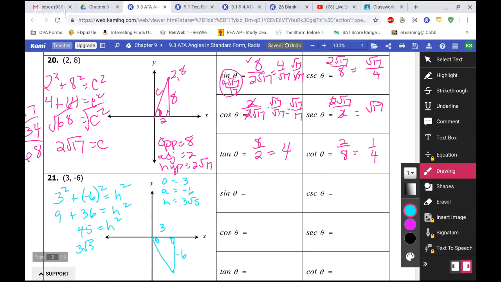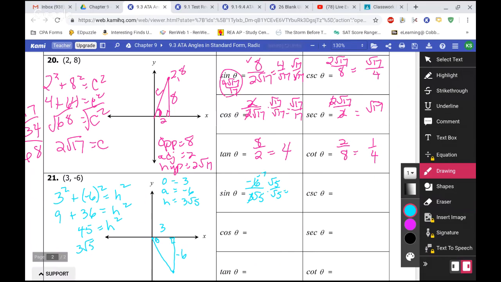So sine is opposite over hypotenuse. So -6 over 3 root 5, and then you have to rationalize that denominator.